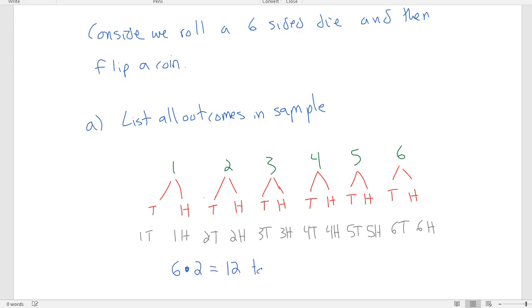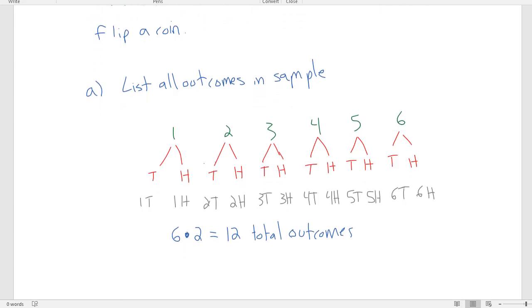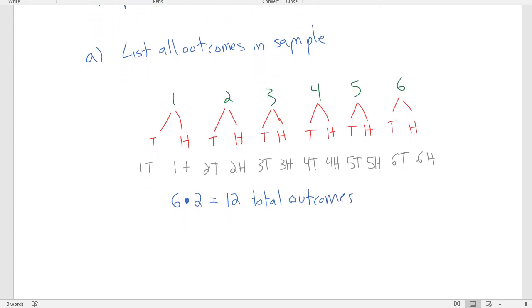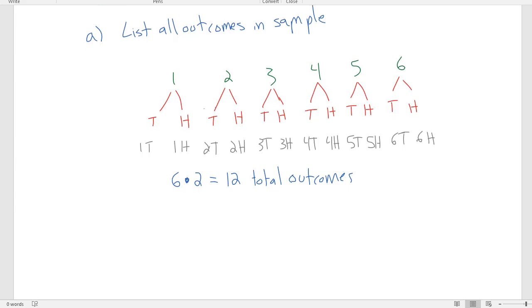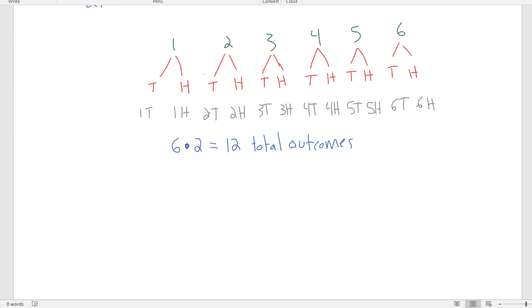That gives me 12 total outcomes, and we can see that that's exactly what we listed. If we count all of the gray options here, I have 12 possible outcomes for this experiment. So this is my sample space. We have 12 possible outcomes where we roll the die first and we flip the coin second.